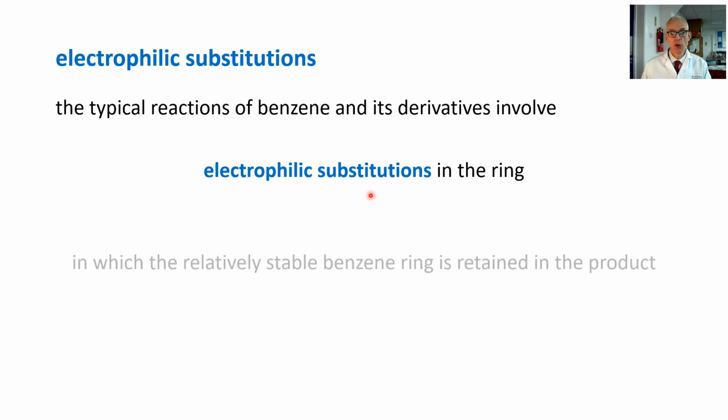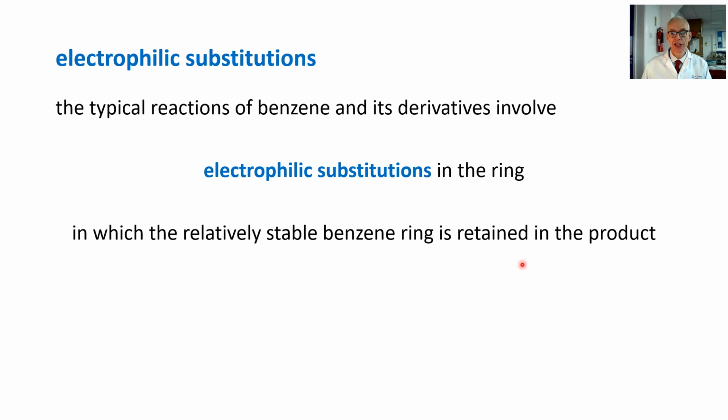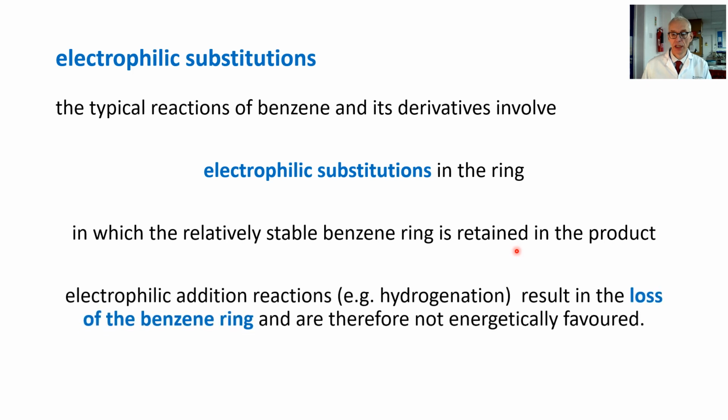Now, the reasoning for this is that in substitution, the relatively stable benzene ring is present in the product. So that is energetically favoured compared to the reaction product of an addition reaction in which the product no longer has the benzene ring. So the crucial thing is that in electrophilic substitutions, the benzene ring is retained in the product.